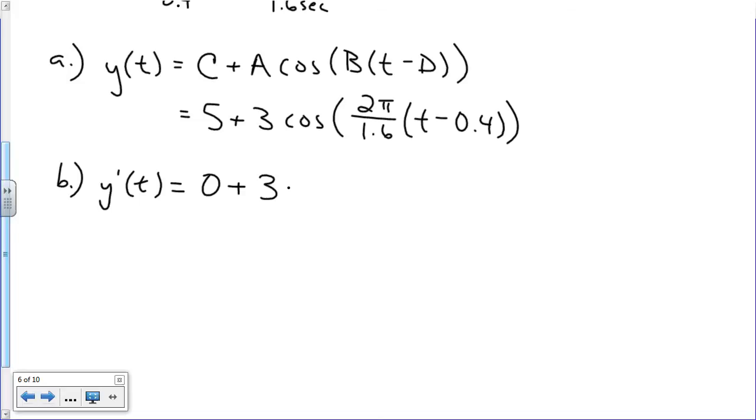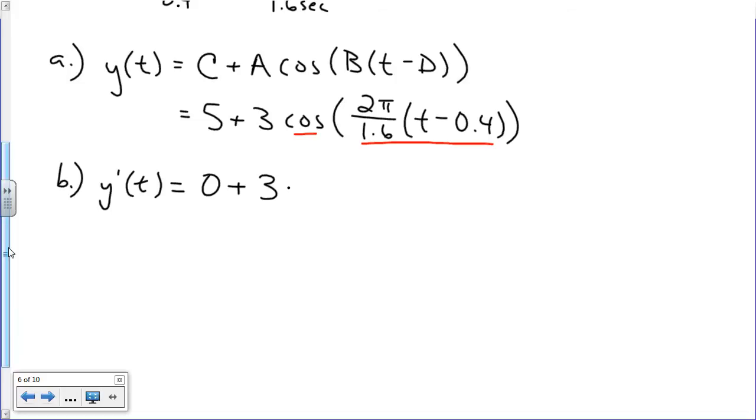Now look carefully at the function you see there. That function is actually a composite function. You have cosine as the outside function, and all of this, which is a linear function, 2 pi over 1.6, some constant times t, and then minus a constant at the end. So that's a linear function, mx plus b. So use the chain rule to find that derivative.